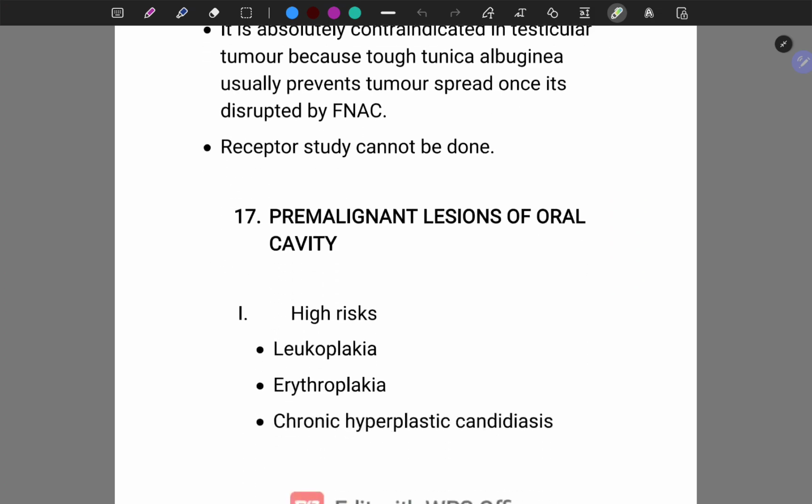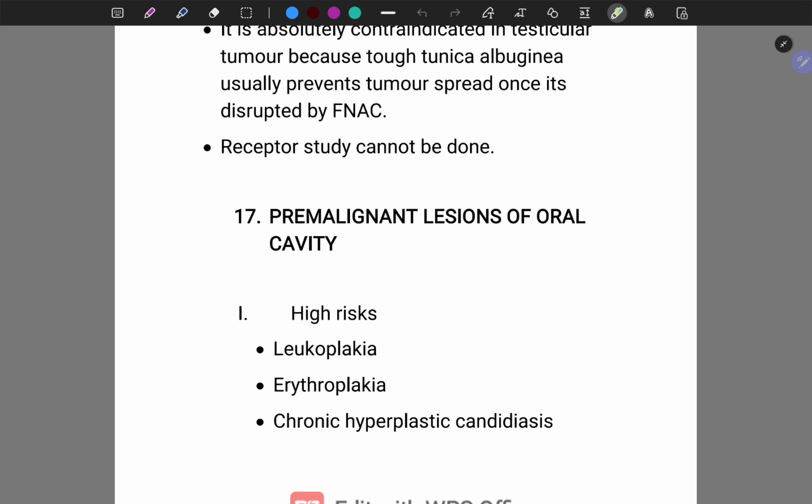So what are all the pre-malignant lesions of the oral cavity? I want you to remember one point. What do you mean by a pre-malignant lesion and a pre-malignant condition?